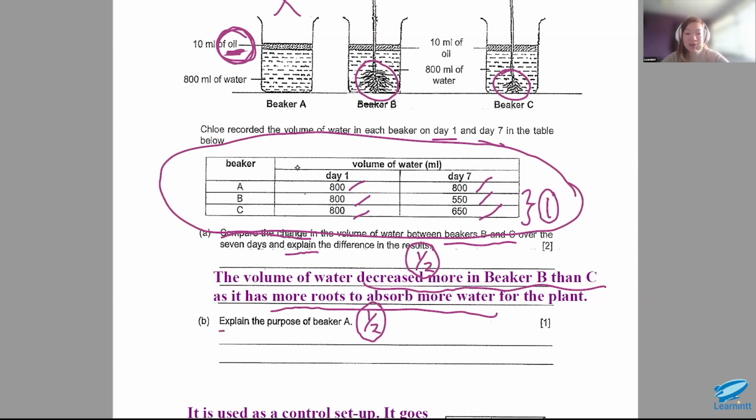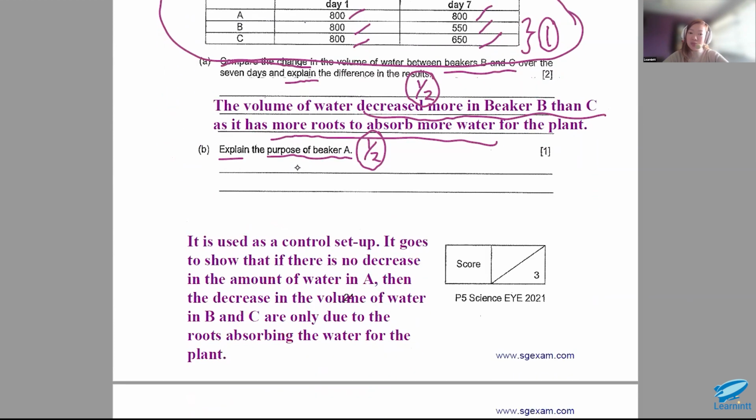Question: explain the purpose of beaker A. Now, beaker A is actually used as a control setup. Again, whenever you have a control setup, it is to prove a point. So what is it trying to prove?